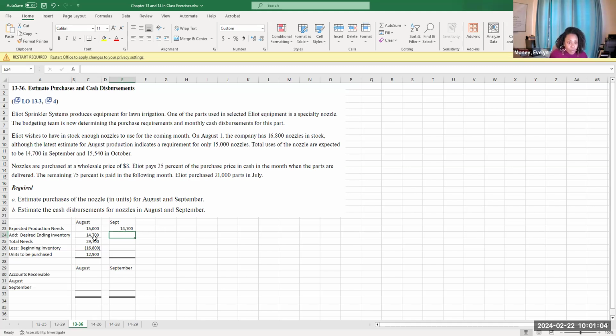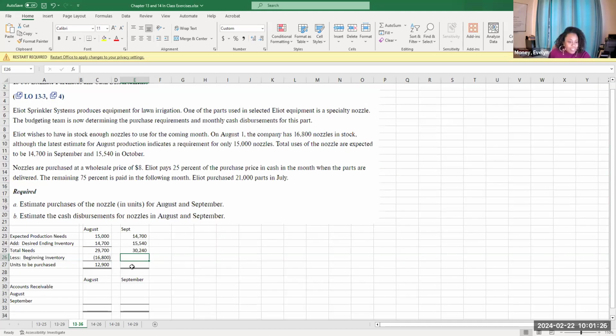October, that's my production needs for October. That's my desired ending inventory for September. So that 15,540 shows up as my desired ending inventory. So I add those together to get my total needs. Let me make this bigger. Okay, that's good.